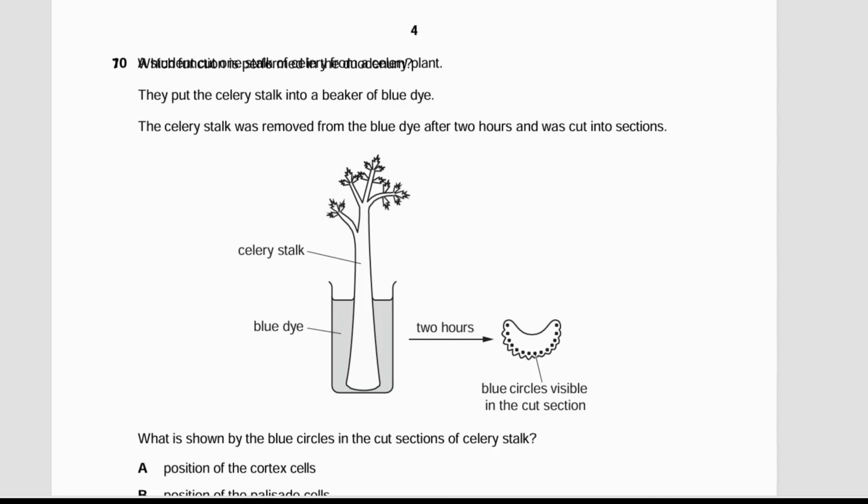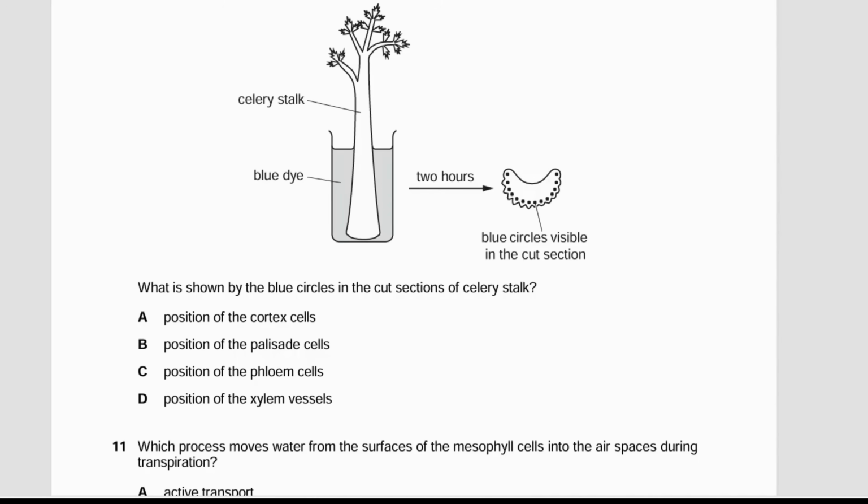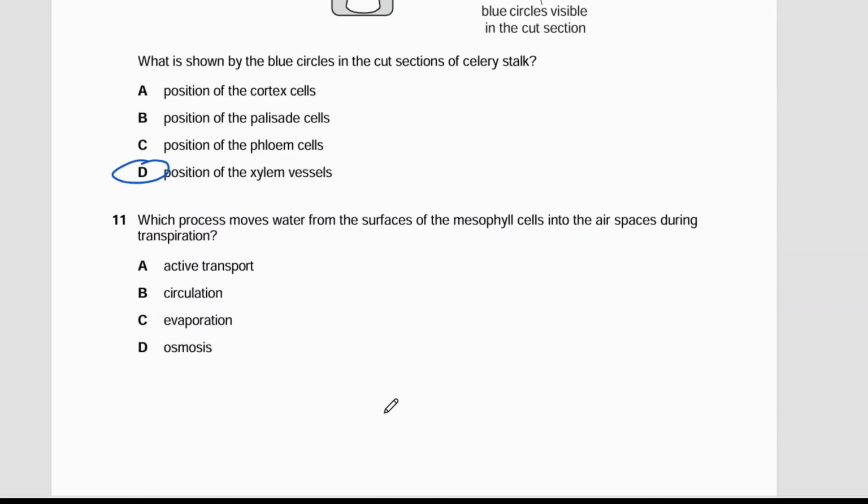The celery stalk was removed from the blue dye after 2 hours and was cut into sections, and there were blue circles visible. Why are the blue circles visible in the form of small dots in a ring? It is the position of xylem vessels. So it's D. Which process moves water from the surface of mesophyll cells into the air spaces?